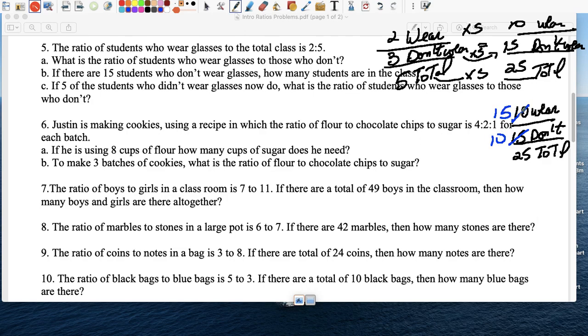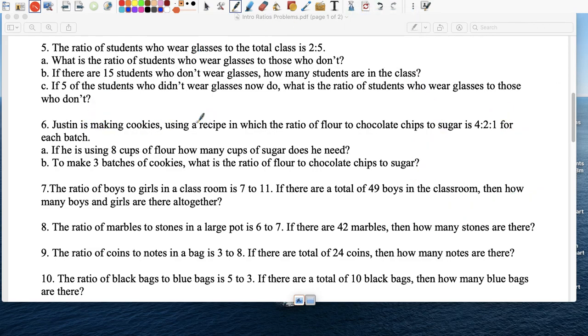So we still have a total of 25, but they're asking what is the ratio of students who wear glasses, 15, to those who don't, 10, as a fraction, 15 to 10, or better yet, 3 to 2. So for every 3 that wear, 2 don't. That would be the new ratio.